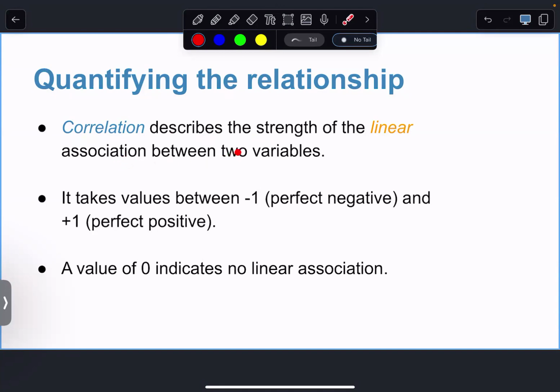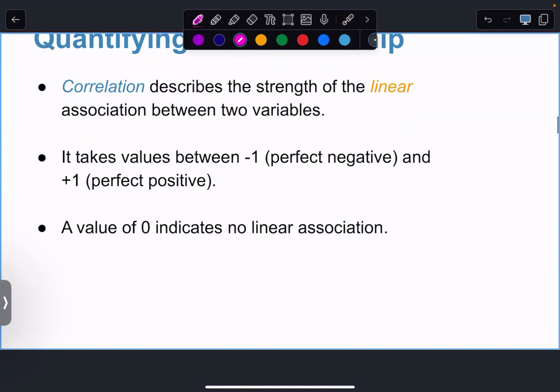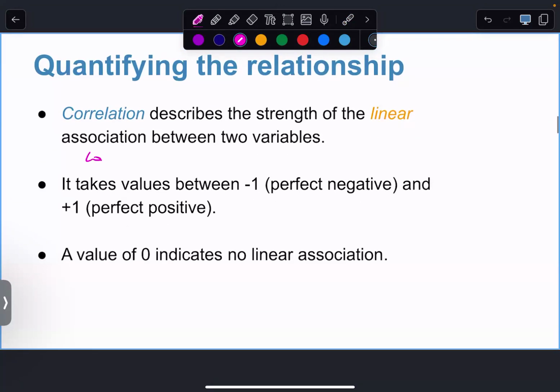In fact, it also describes the direction. So I'm going to add that in here. The correlation is a numerical measure of the strength and direction of a linear relationship.